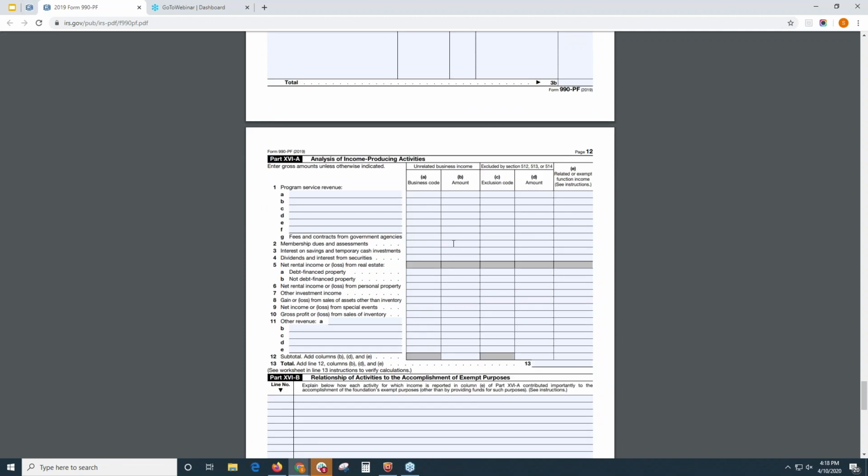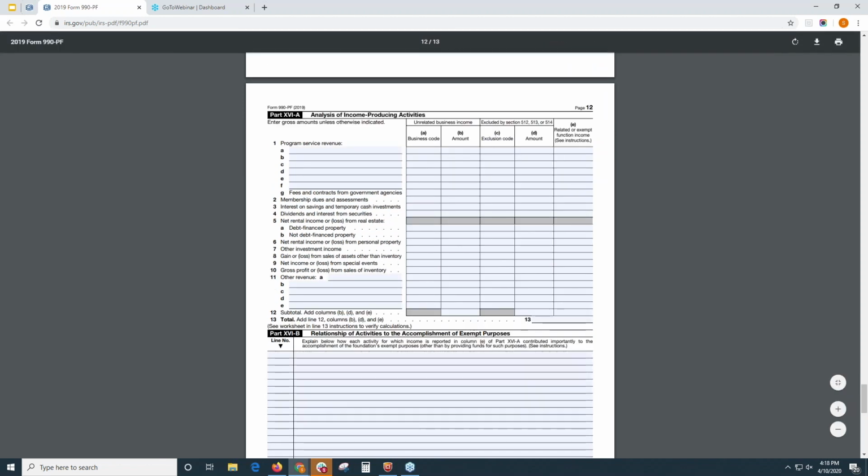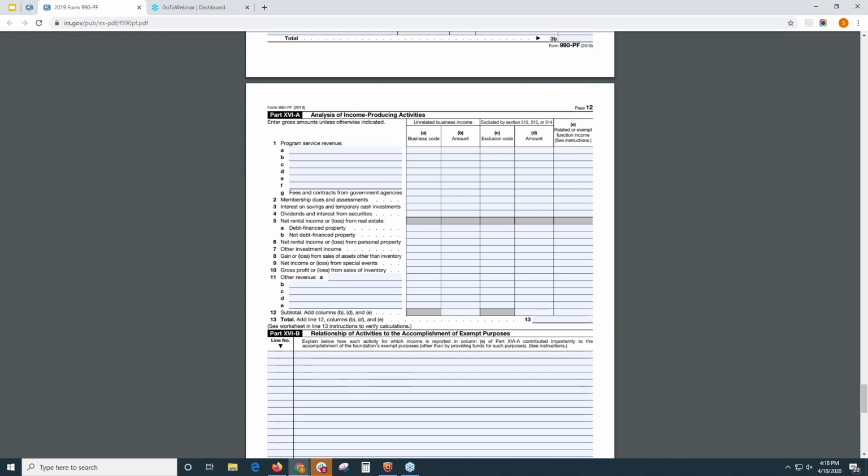Part 16A is analysis of income-producing activities, and it's used to analyze revenue items that are also entered on Part 1, lines 3 through 11, column A, and on line 5b. Contributions reported on line 1 of Part 1 aren't entered on Part 16A.